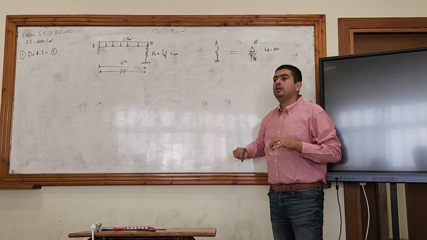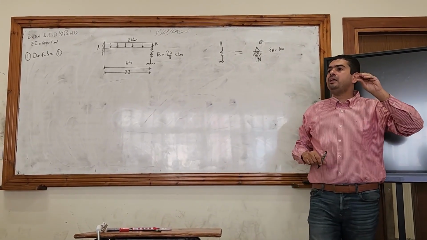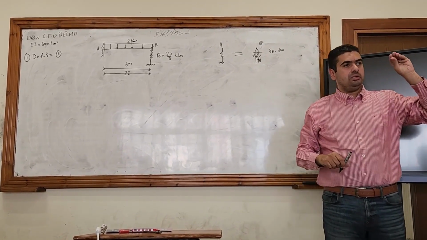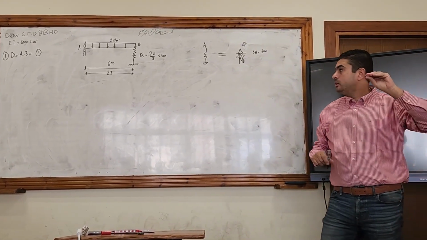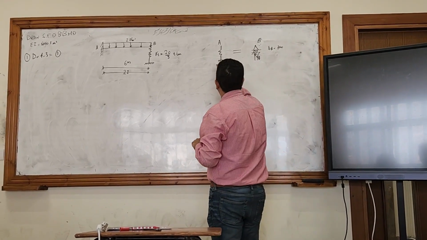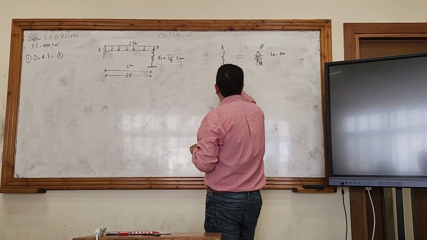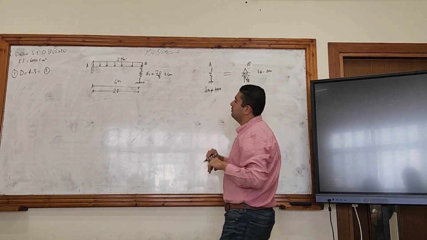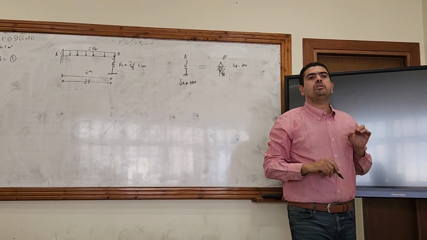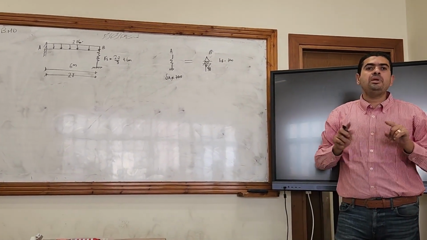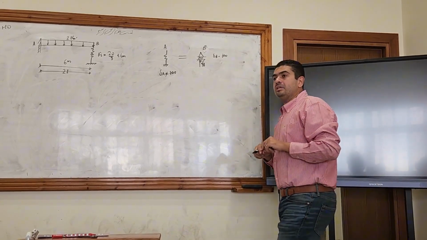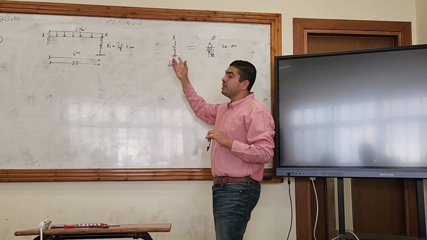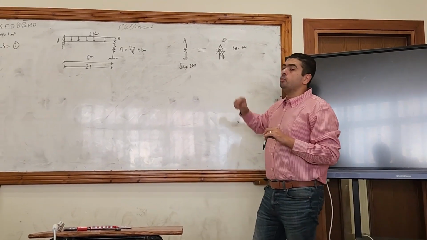But the spring can be compressed, right? So the vertical displacement at A does not equal 0. This is the main difference in the behavior of the spring support and the roller support.